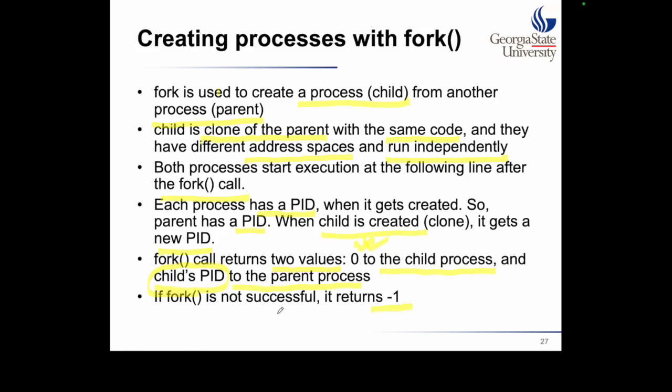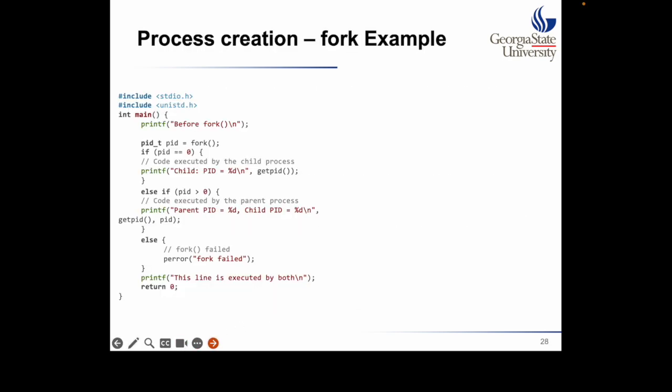Now let's see an example where we will see how the fork system call gets executed and how different blocks of code can be executed by the parent process and by the child process. So we have one program, and this program means a process.